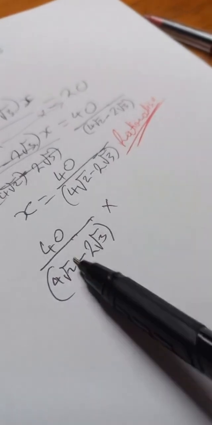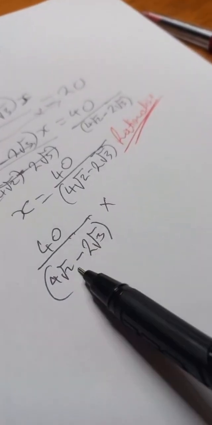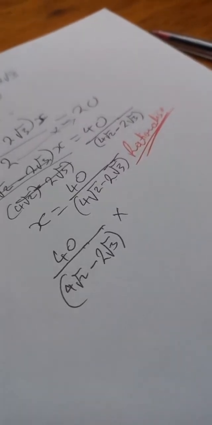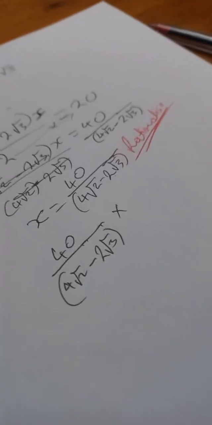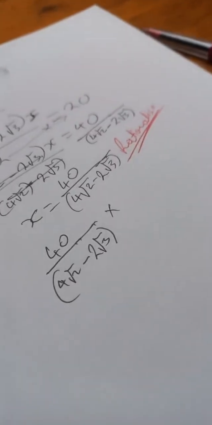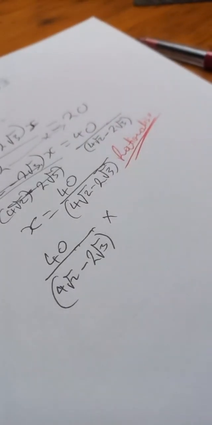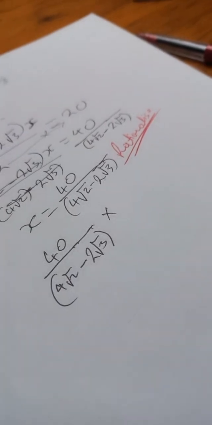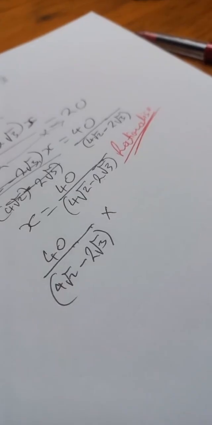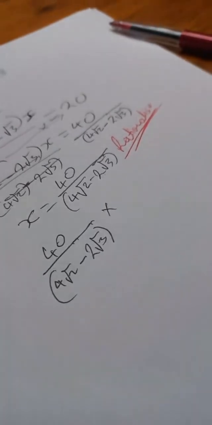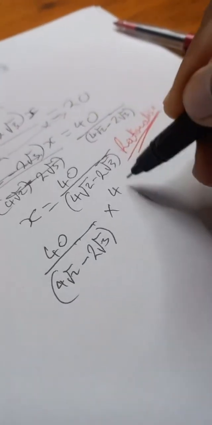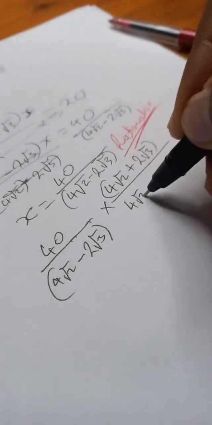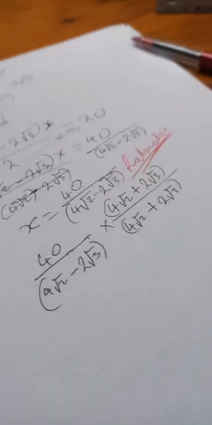Remember, if we are rationalizing two terms like this, we have to change this sign. We multiply by 4 square root of 2 plus 2 square root of 3 over 4 square root of 2 plus 2 square root of 3. Like this.